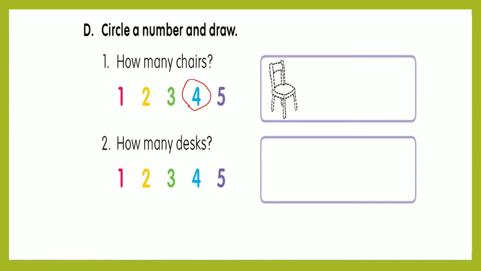And how many desks? How many desks did we count? 3. Okay, there were 3. I'm gonna need you to circle 3 and draw 3 desks right here. Okay, draw 3 desks right here and draw 4 chairs right here.